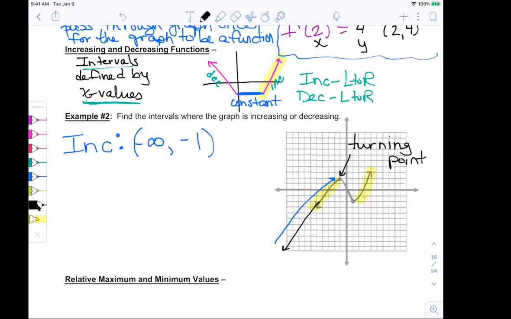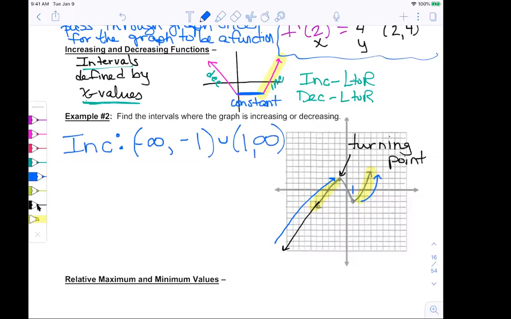So Peter, if you look at the next interval that increases, can you give me that interval that's increasing on the right-hand side? Would it be in a parenthesis 1 and then infinity? Exactly. So the little arrow on it means it goes on forever and ever to the right. The x value, that's the trickiest part.